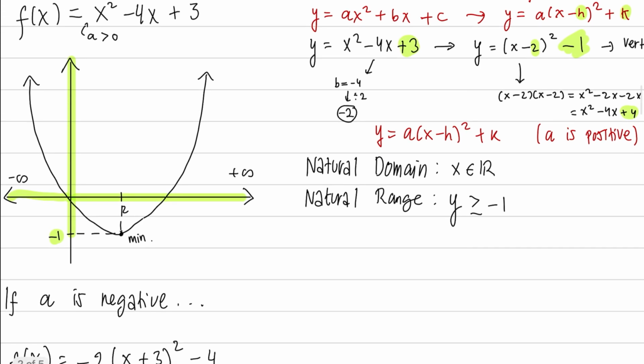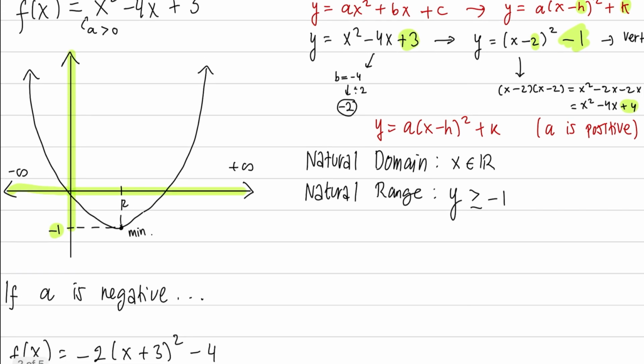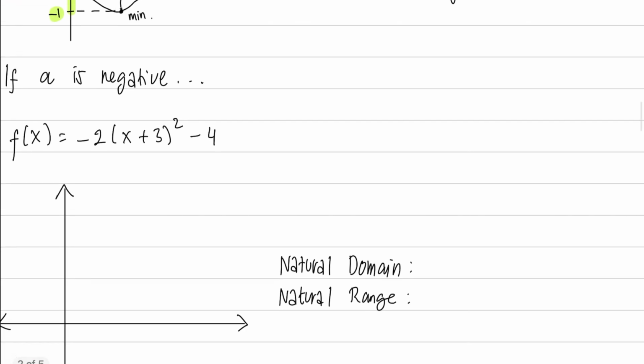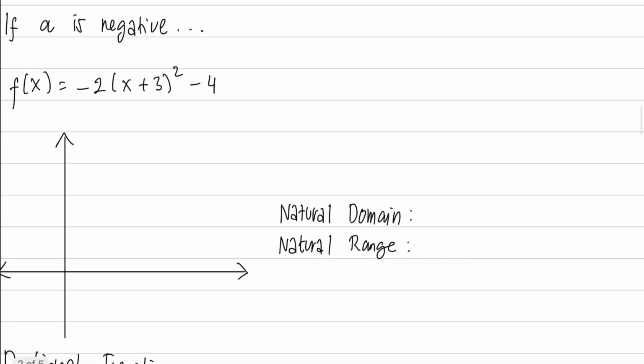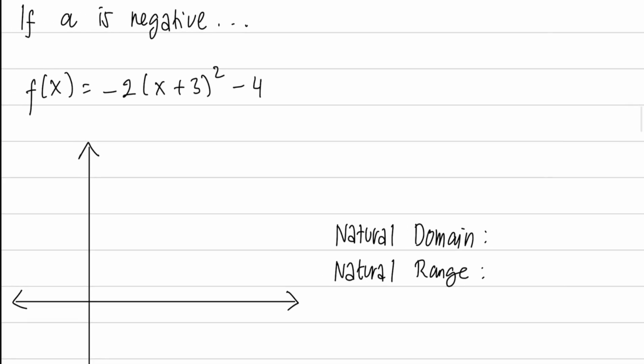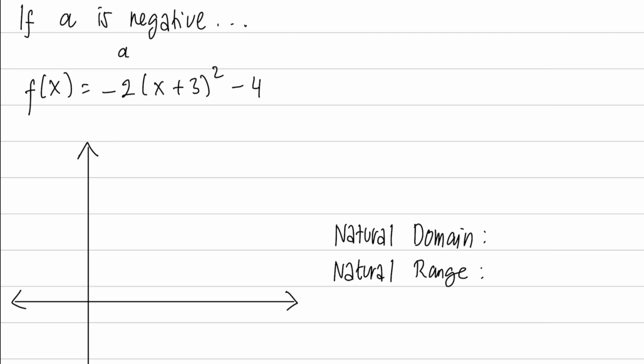But what if our a is negative? For example, this is our function. I already gave you the completed square form to be quick. Well, we need to find the vertex, because in the form a(x minus h) squared plus k, the vertex is h comma k.